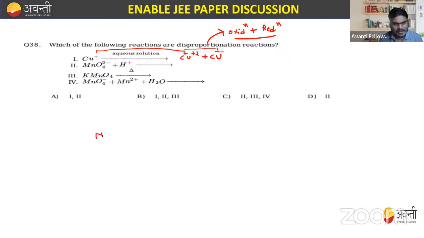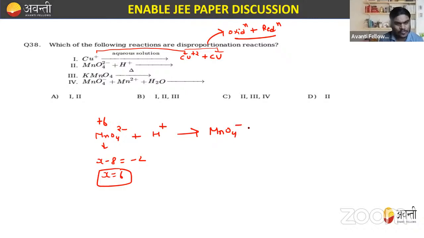On a similar basis, if I'm talking about equation number 2, MnO4 2-, what is the oxidation state of Mn here, beta? That is x minus 8 is equal to minus 2, so x comes out to be 6. Here the oxidation state of Mn is 6. Now whenever MnO4 2- reacts with H+, what happens, beta? It produces MnO4- plus MnO2 plus 2H2O.